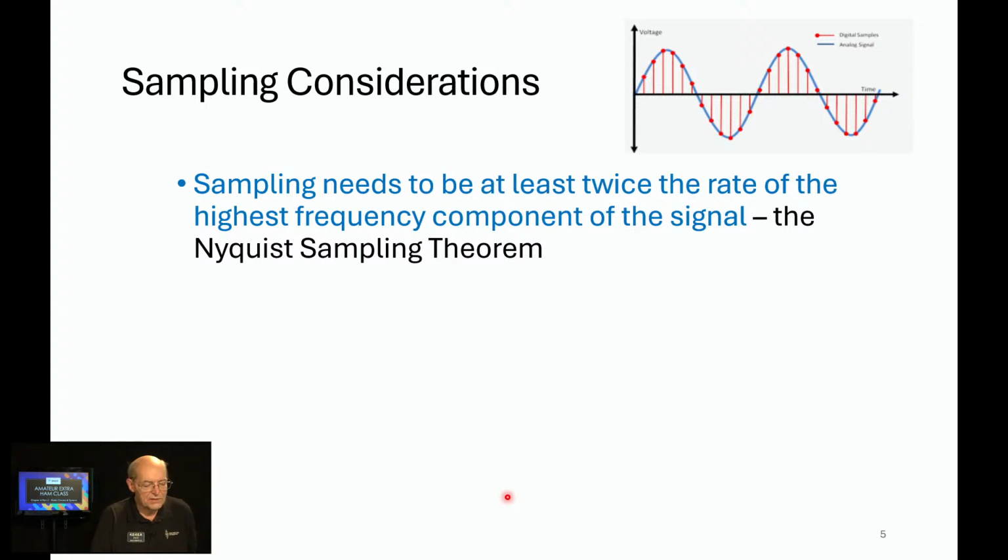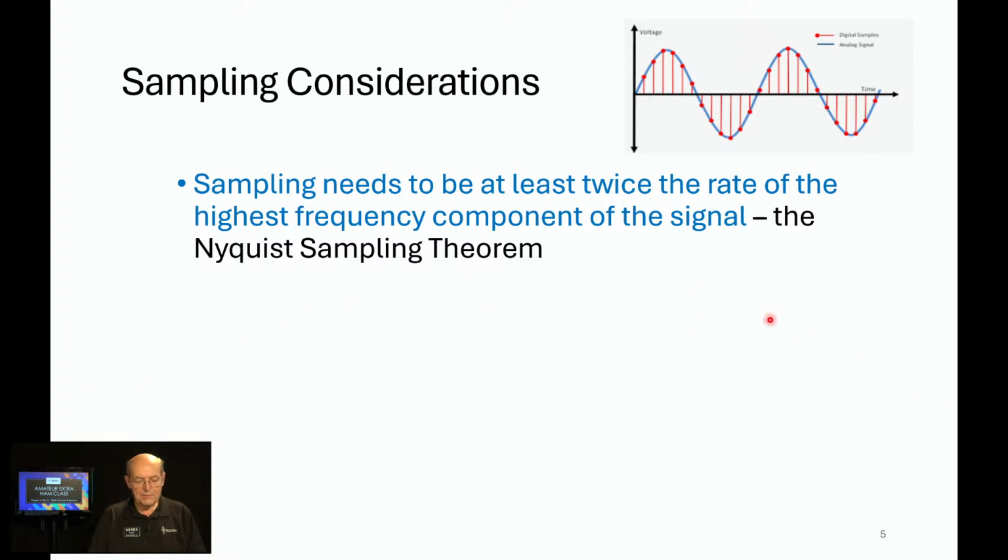So, some considerations regarding sampling. We've got the famous Nyquist sampling theorem, and that says that sampling needs to be at least twice the rate of the highest frequency component of the signal. So if you consider compact discs, for example, the audio frequency range that they try to capture goes up to 20,000 hertz, or 20,000 cycles per second.